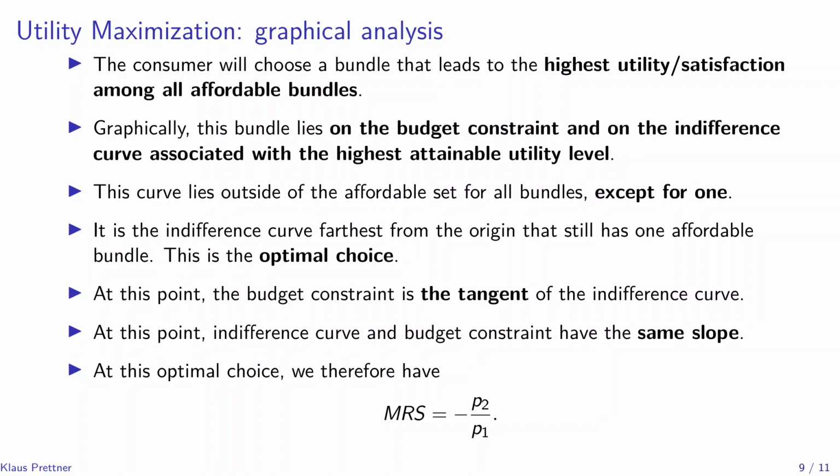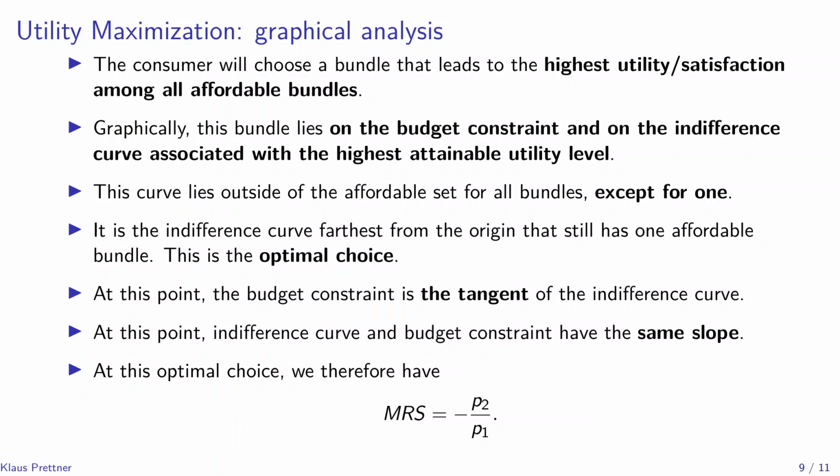Along this curve, all other points would lie outside of the affordable set, except the one that is on the budget line, and that is the optimal choice. So this choice selects out of all the feasible choices the one that the consumer likes most. And that's arguably describing the behavior of most consumers very well, right? So we want to buy the goods that we like and that are still feasible.